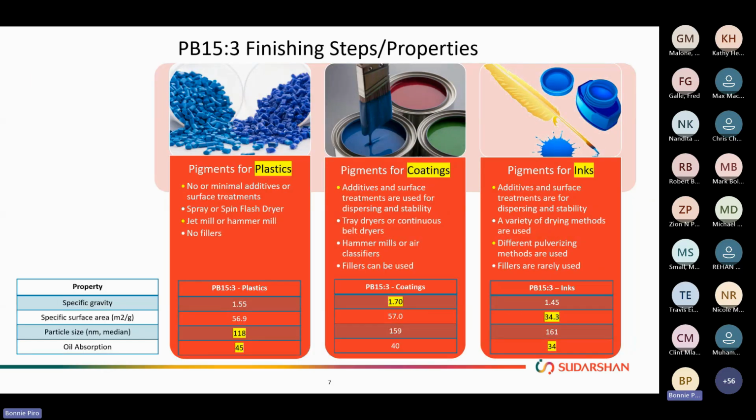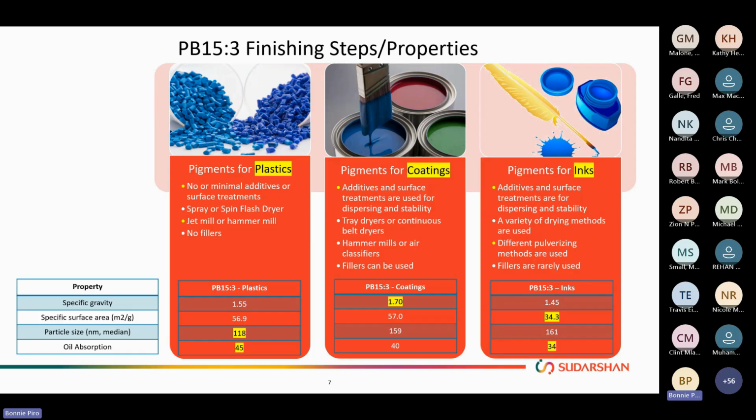An example. This is an example of three varieties of pigment blue 15:3. Each of these were developed for a specific application area. Some of the information that you can glean from the TDS will key you into those properties.